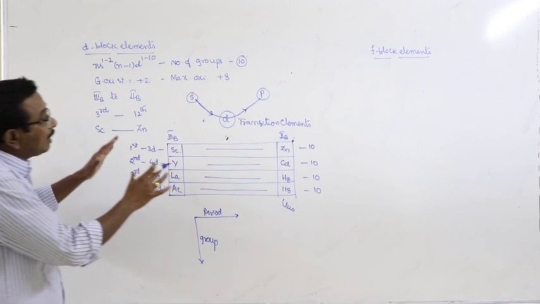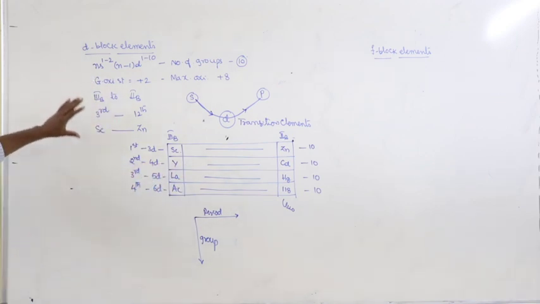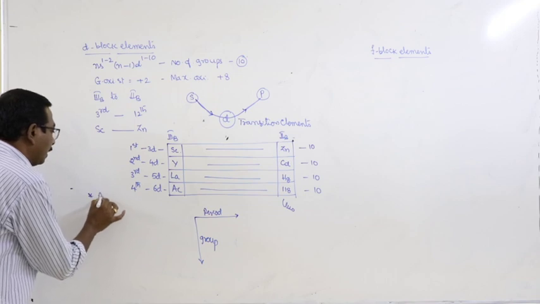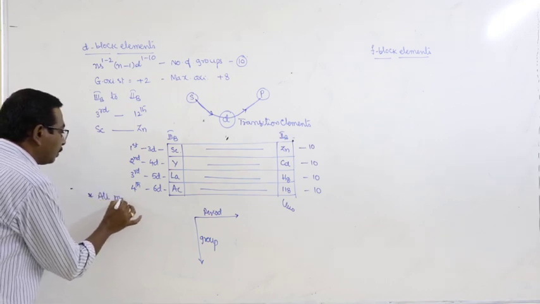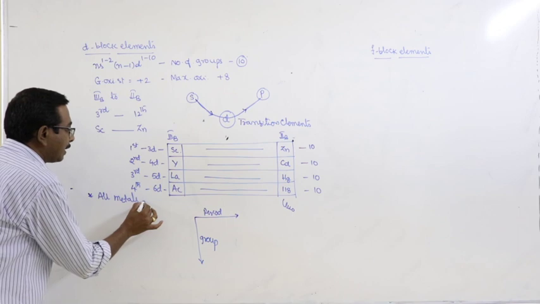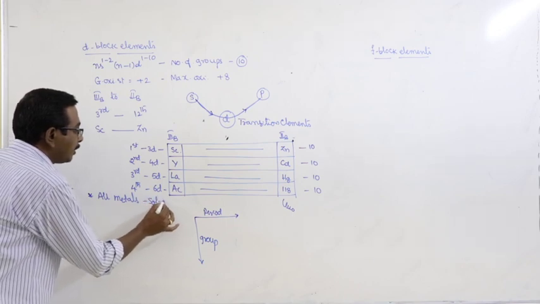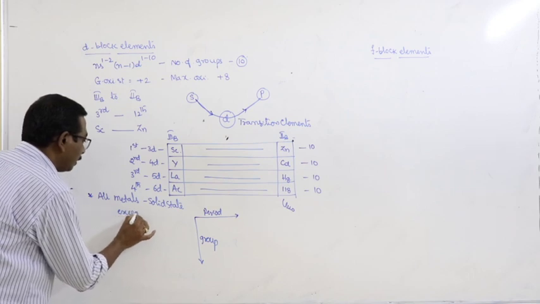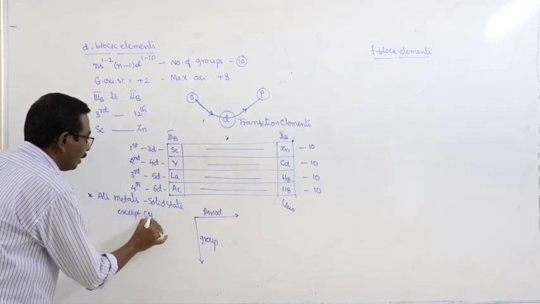But what about the general characteristics or features of the d block elements? First, they are all metals and exist in the solid state except mercury.